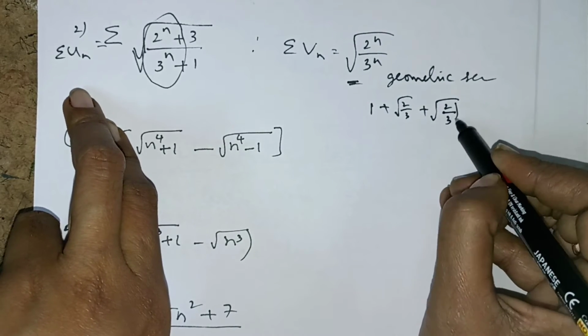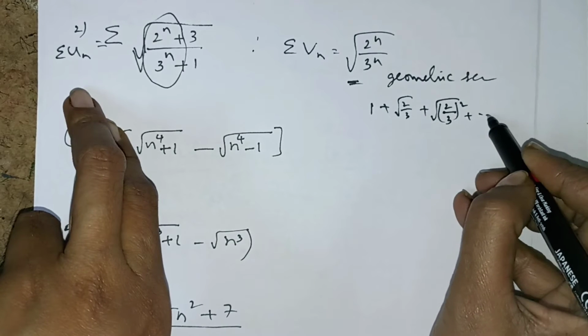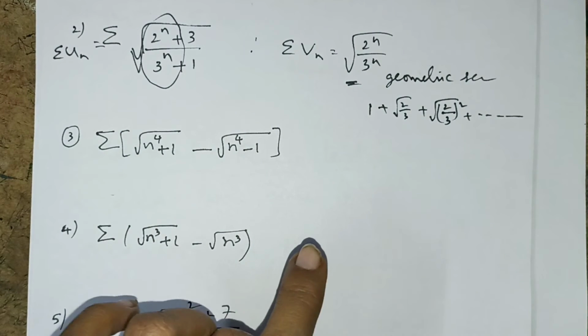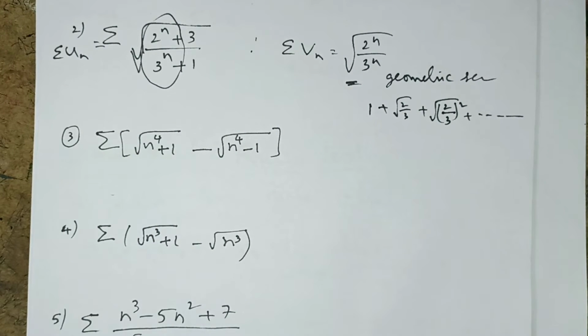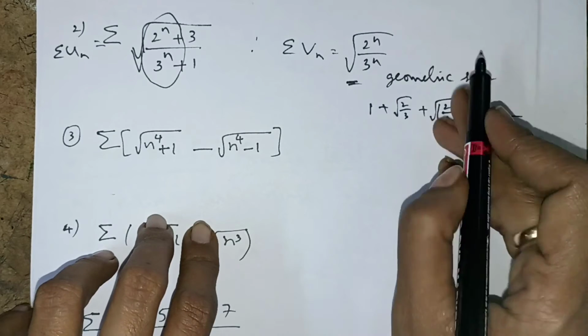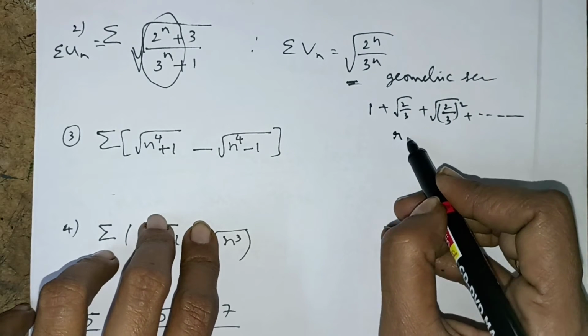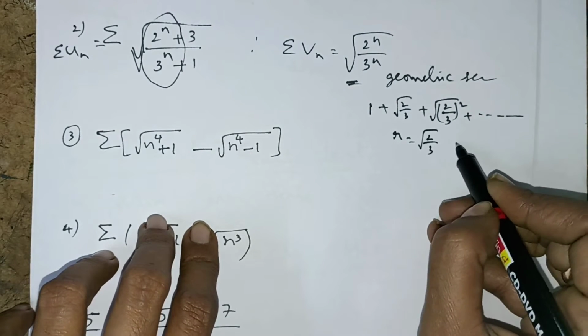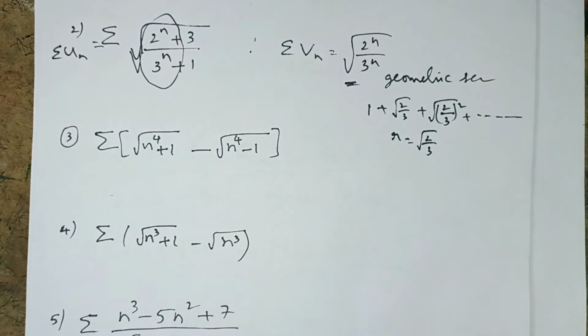This is a geometric series with r equal to root of 2 by 3, which is less than 1.